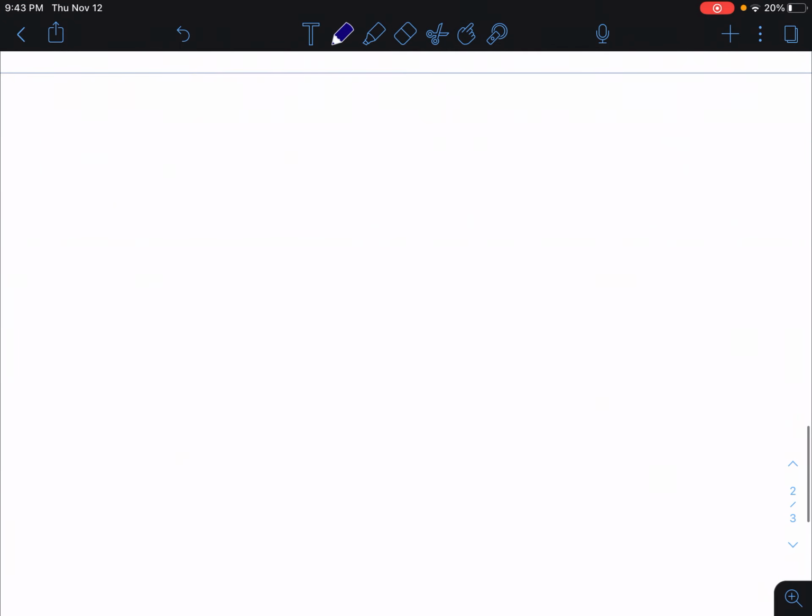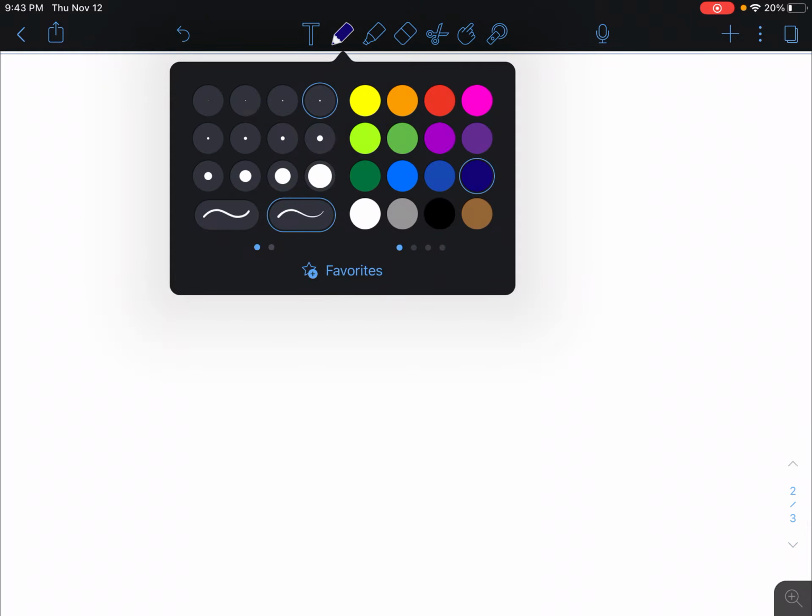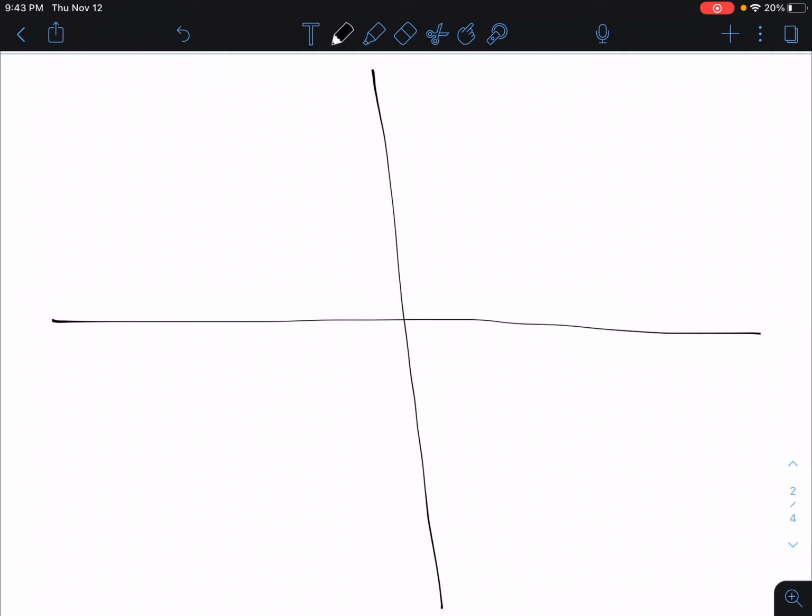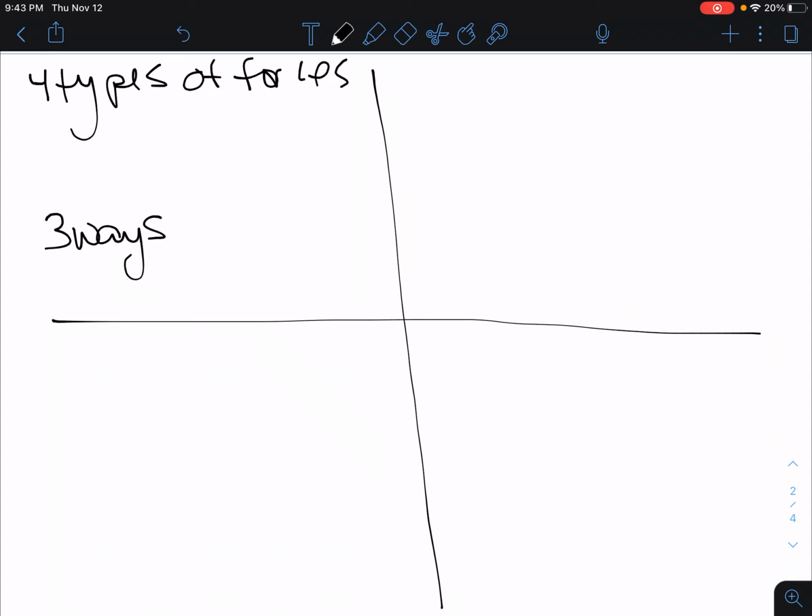Okay, so let me go to a new page. All right, so on your paper, I said to fold it so that you have 4 squares like this, okay? So you should have a square with 4 forces and 3 ways to accelerate. That's what you should have just written down. Then we're going to do vocabulary in one of these, and a diagram.